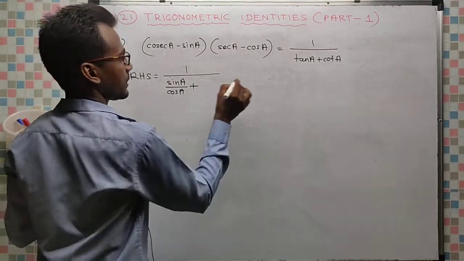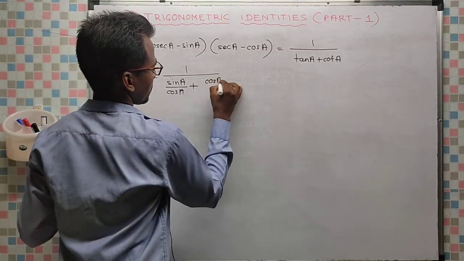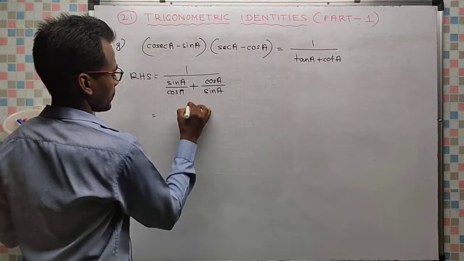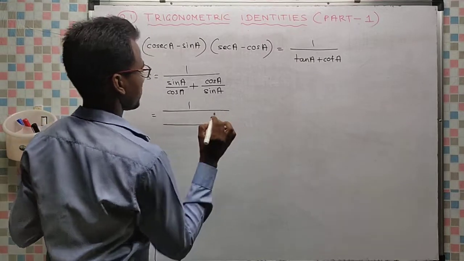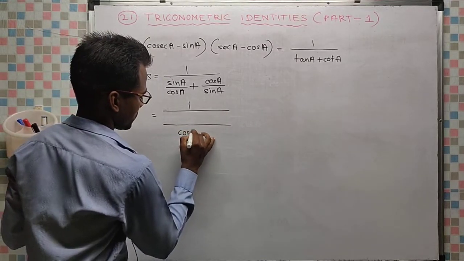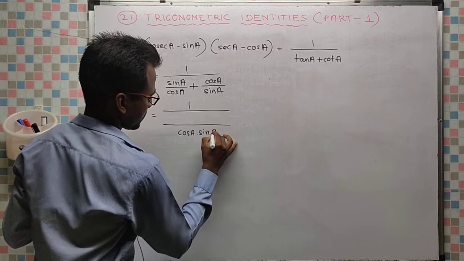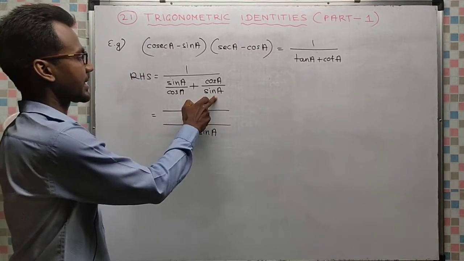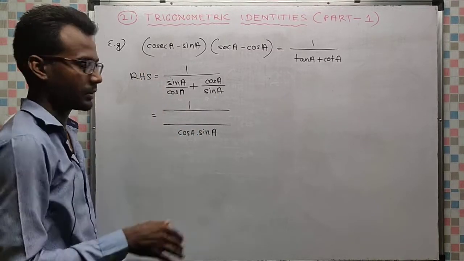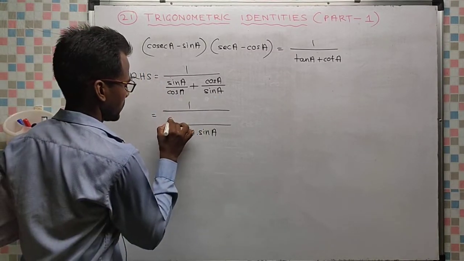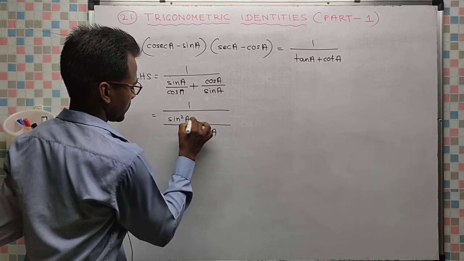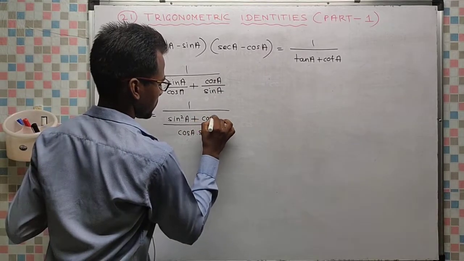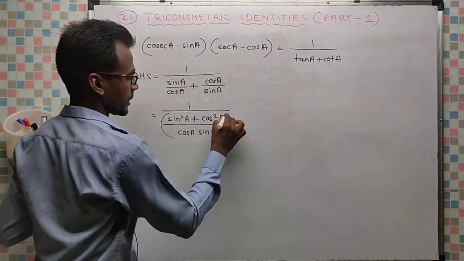Cot A can be written as cos A by sin A. 1 by, again by, and the same is cos A into sin A. LCM is cos A into sin A. So this sin A will be multiplied with this sin A, it will become sin square A. Plus this cos A will be multiplied with this cos A, it will become cos square A.